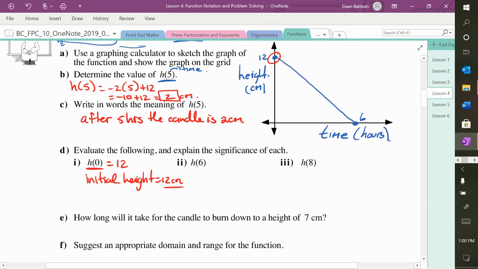Looking at the graph, what does h of 6 represent in terms of the height of the candle or the time? The candle's gone, right? After 6 hours, we hit the x-axis, which means our height is 0. Candle gone. No more.